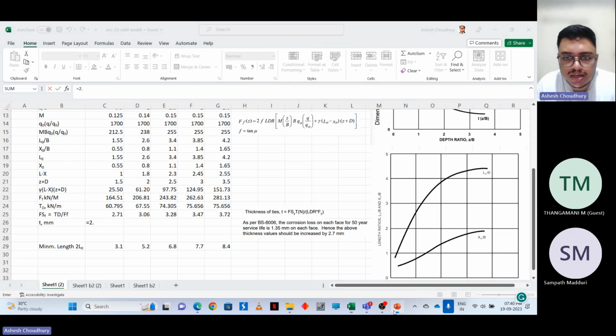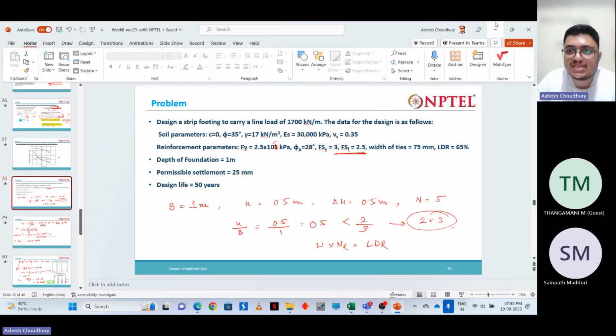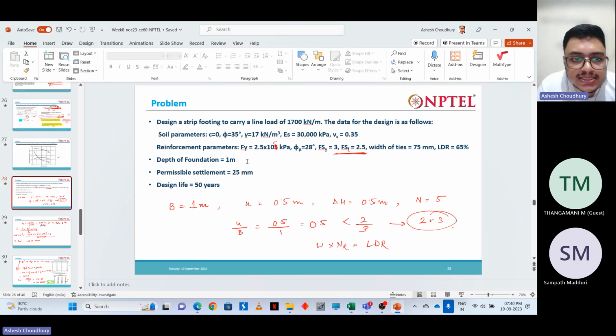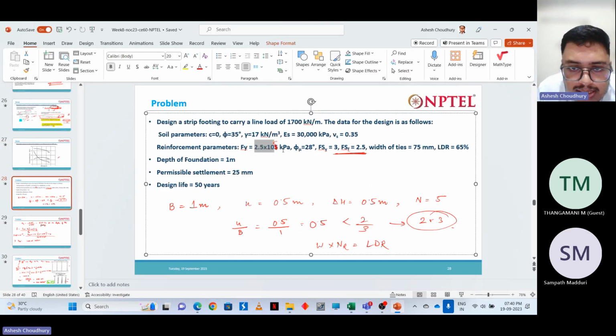Let me check once. What is FSY? Oh, FSY is 3 actually. FSY is 3 times TN. So what is TN? TN is this load. This yield capacity of the reinforcement. 2.5 into 10 to the power 5.